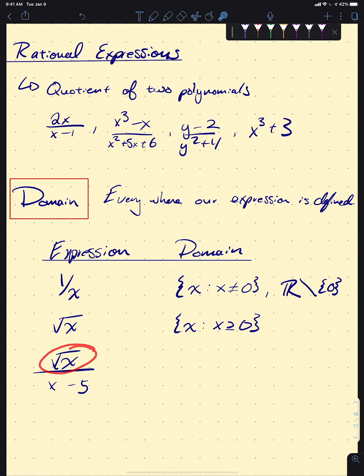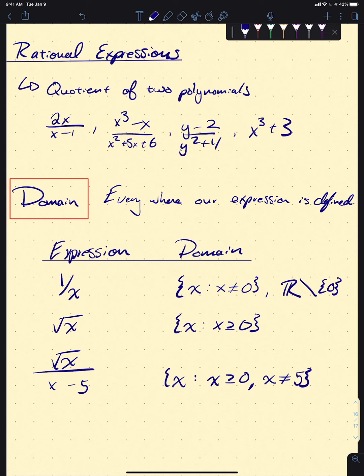Our second part is we can't put negative inputs in, right? So our domain sort of comes in two parts. We're the set of all x, where, first, to deal with our radical, we have x is greater than or equal to 0. And all of those inputs are fine on the bottom, except for if x equals 5. If x equals 5, we have 5 minus 5, we get 0. It's all bad. So we can say a comma, meaning sort of and, x does not equal 5.